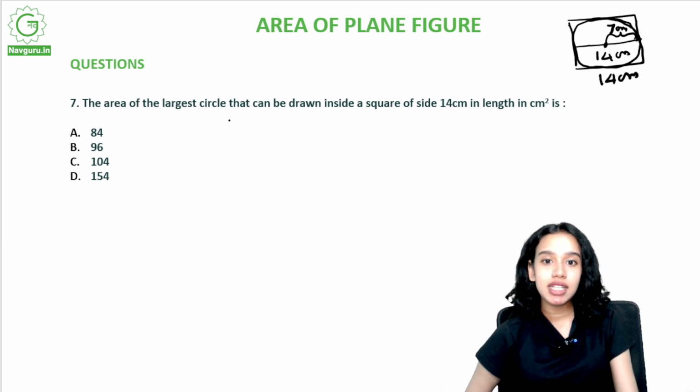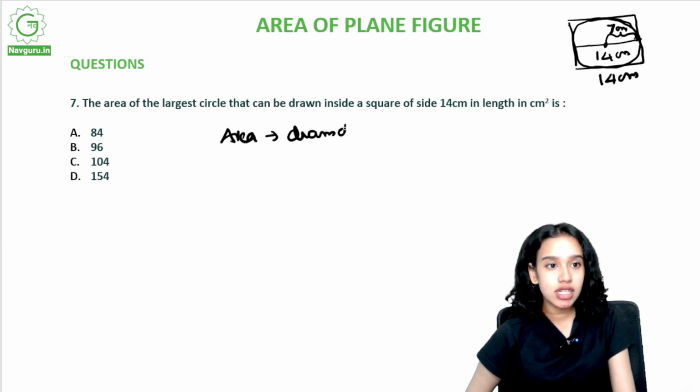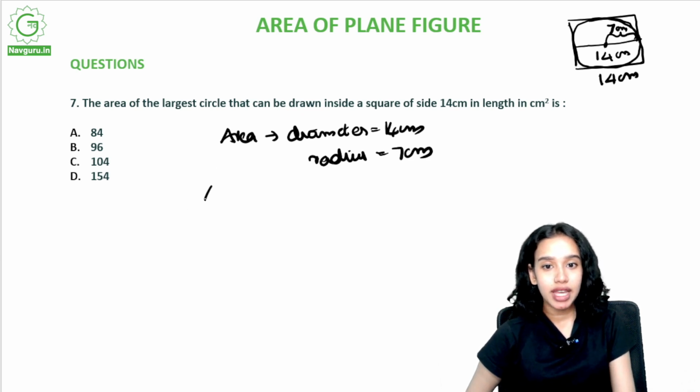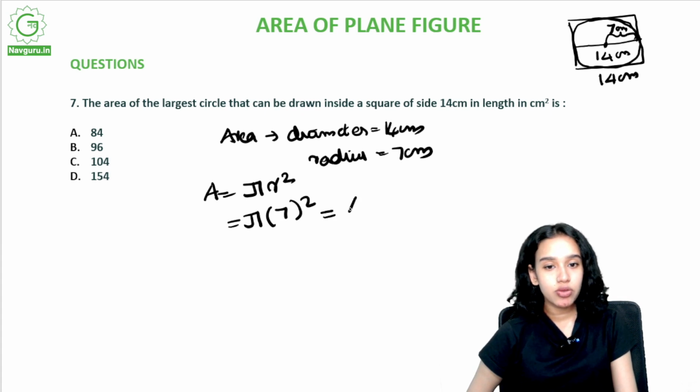Now we have to find the area of a circle of diameter 14 centimeter and radius 7 centimeter. So area is equal to pi into r square. So r is 7 here, 7 square, which is equal to 49 into pi.